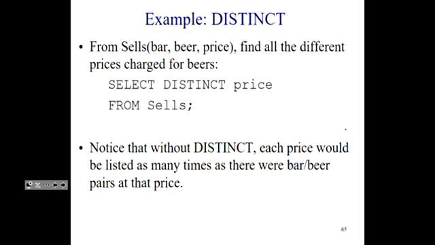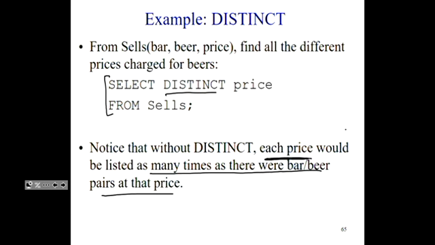So as an example of its use, let's say I have a relation sells with bar, beer, and price, and I want to find the different prices that are charged for beers. I can use the distinct keyword by saying select distinct price from sells. Without distinct, each price would be listed as many times as there were bar, beer pairs with that price.